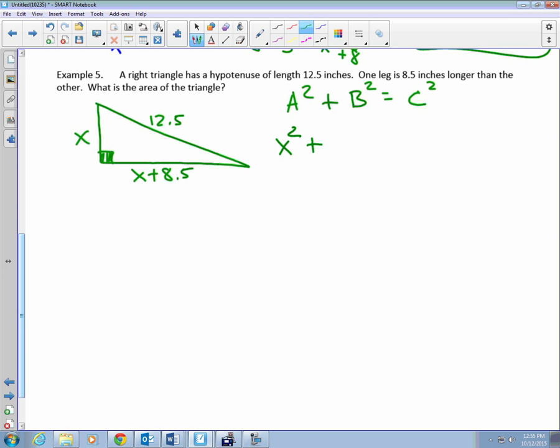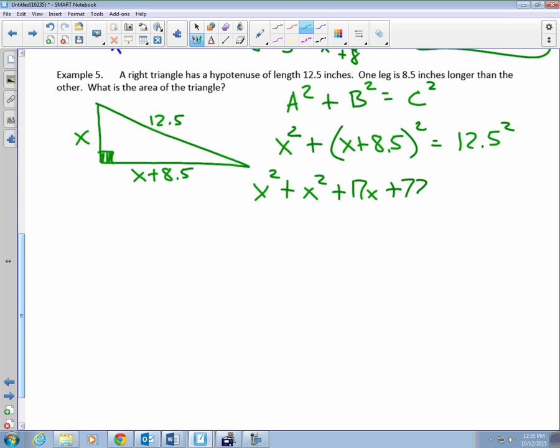x squared plus x plus 8.5 quantity squared is equal to 12.5 squared. I'm going to multiply, and 8.5x and 8.5x will make 17x. 8.5 times 8.5 is 72.25.